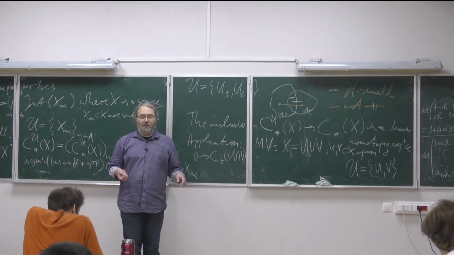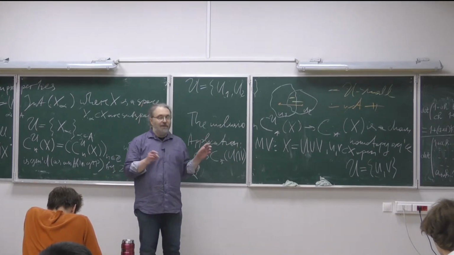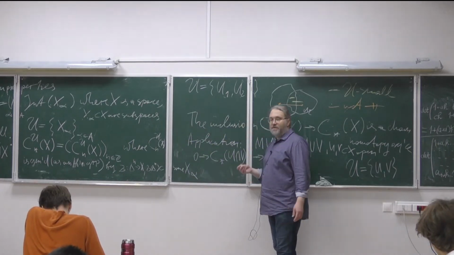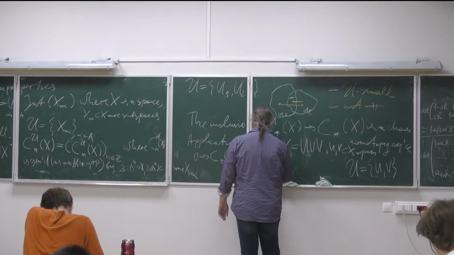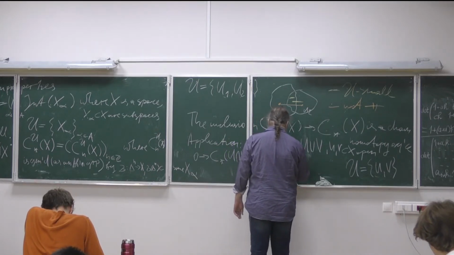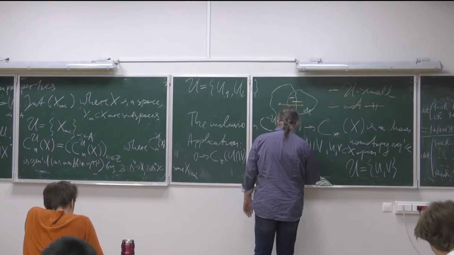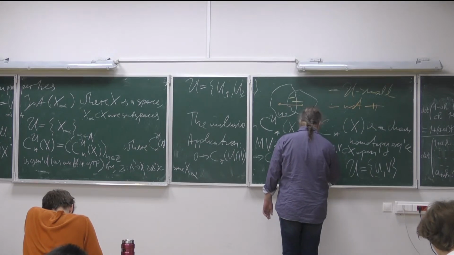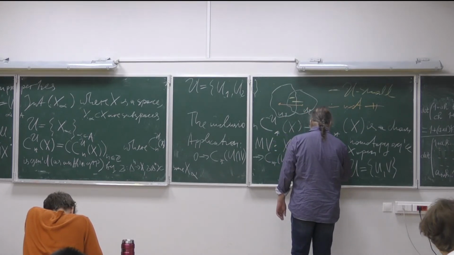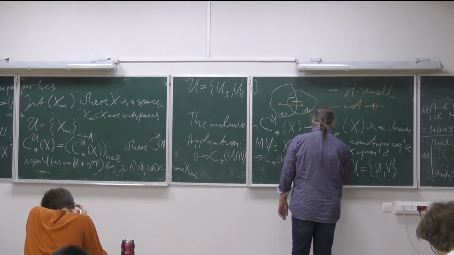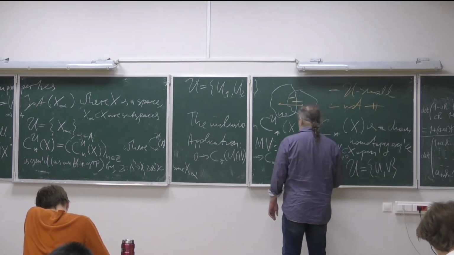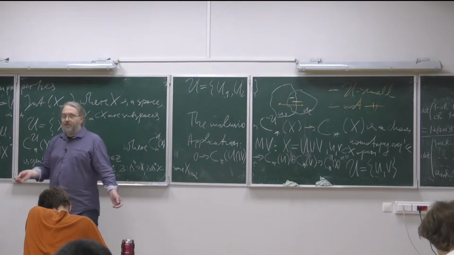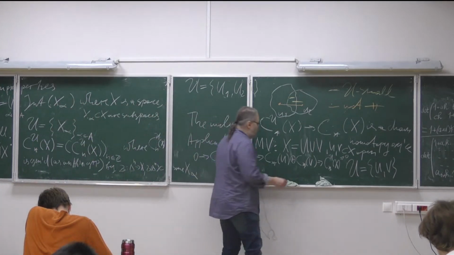We have the following short exact sequence. Singular chains of U intersected V go to singular chains of U plus singular chains of V. Let's say we use a plus here and a minus here.